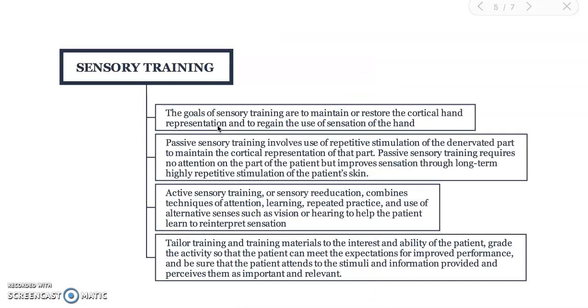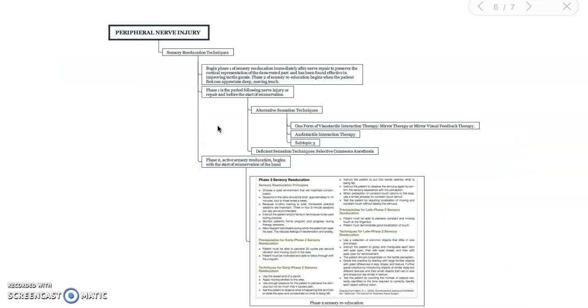Sensory training, the goal is to maintain or restore the cortical hand representation and to regain the use of sensation of the hand. This includes active and passive sensory training. So peripheral nerve injury, we have phase 1 and phase 2. Phase 2 re-education begins with the start of reinnervation of the hand, and phase 1 is the phase following the nerve injury before the start of reinnervation.